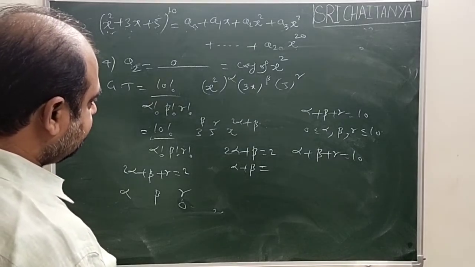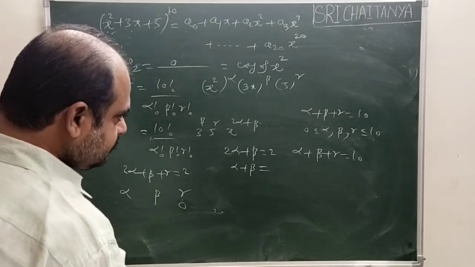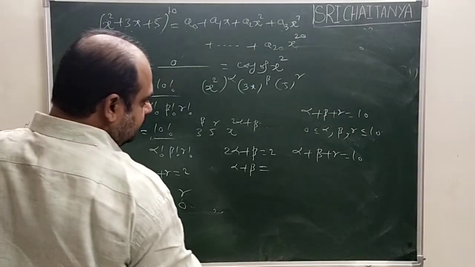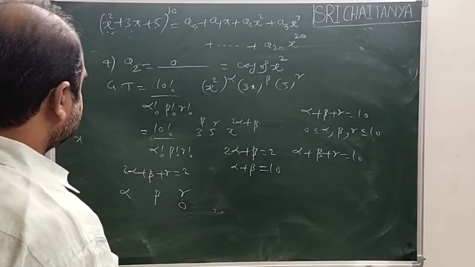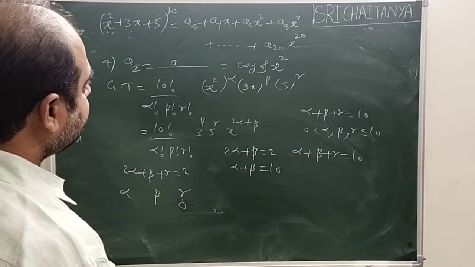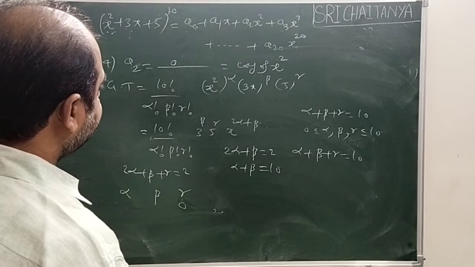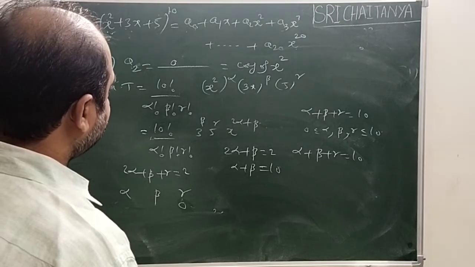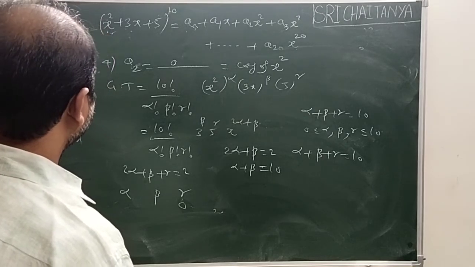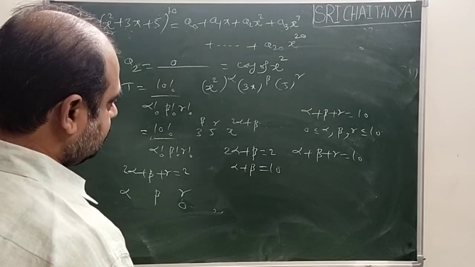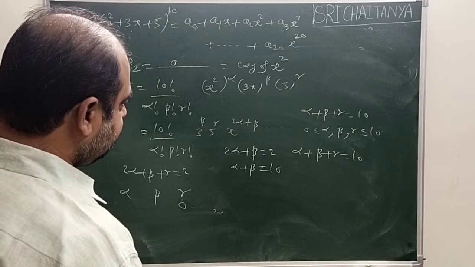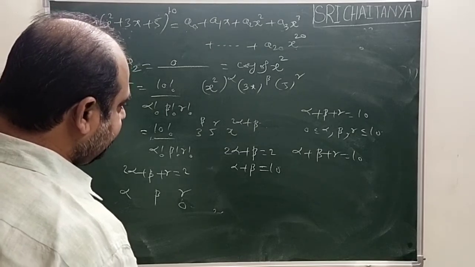Alpha plus beta equal to 10. You won't get it here also. 3 power beta, 5 power x power 2 alpha plus beta. So gamma is 0, alpha plus beta is 10.